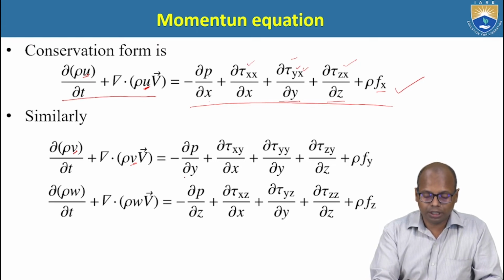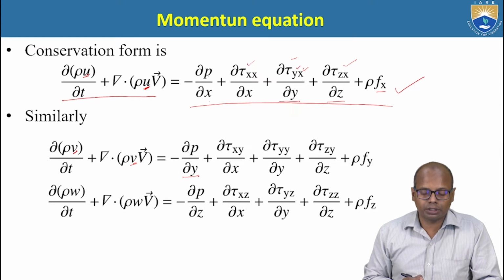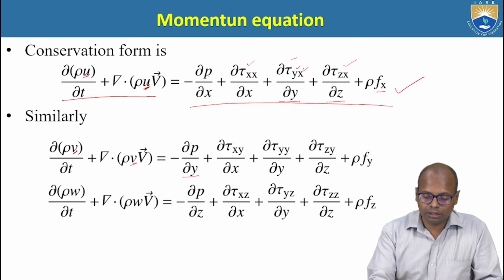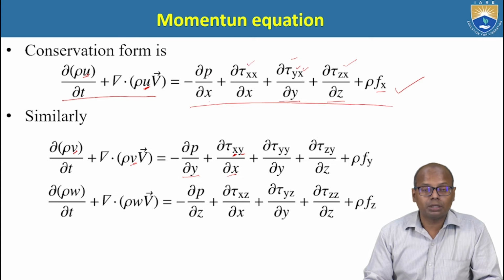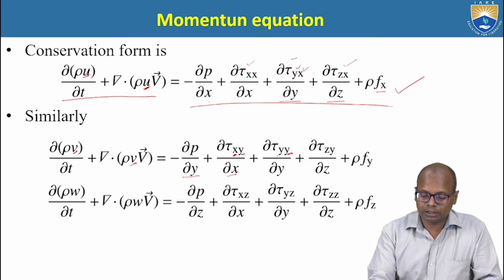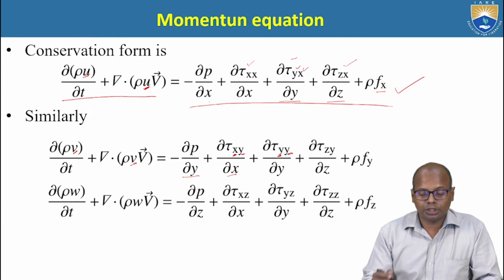So the pressure is differentiated with y. Then the shear stress is acting in y direction and changing in x direction, so differentiation with x. It is acting in y direction and changing in y direction, so it is the normal stress differentiated with y.